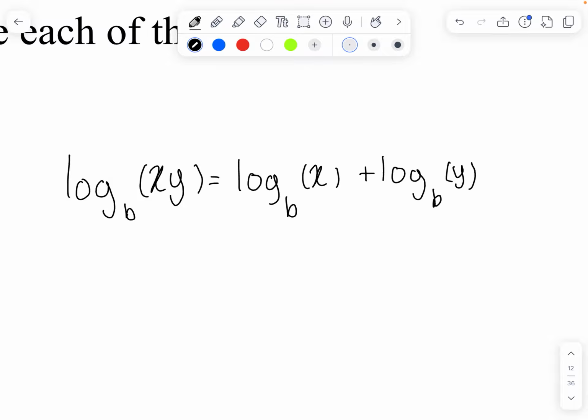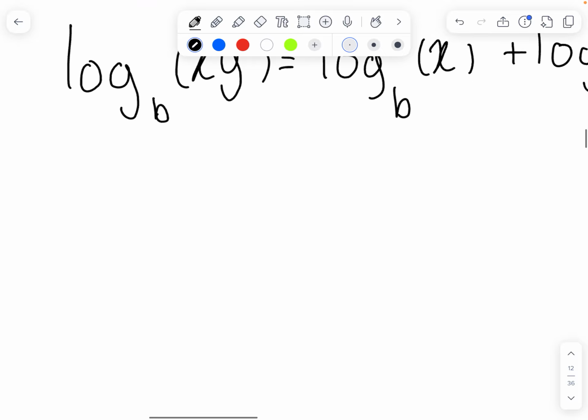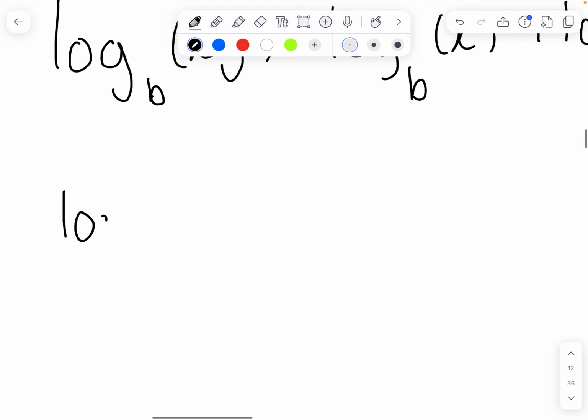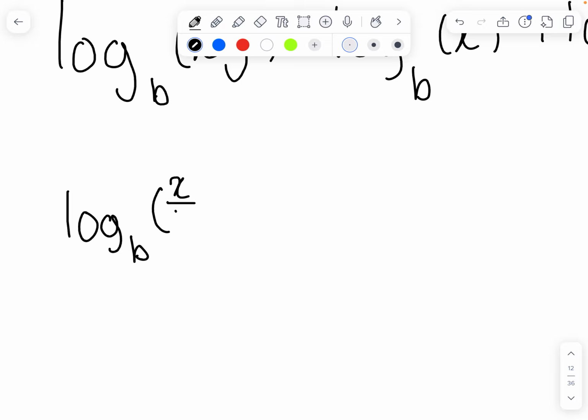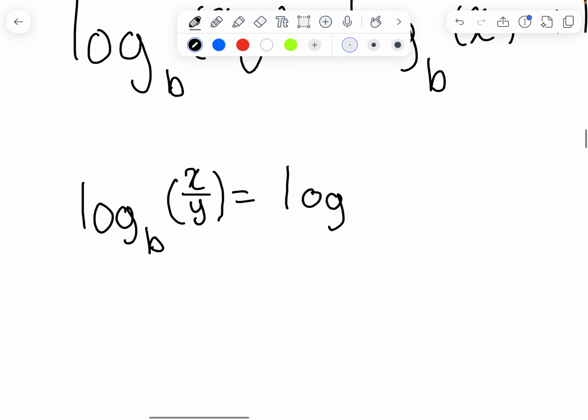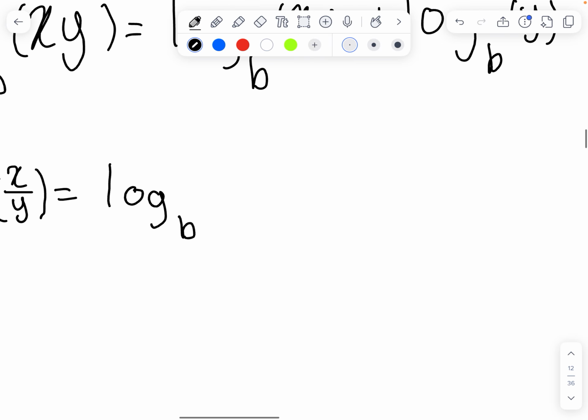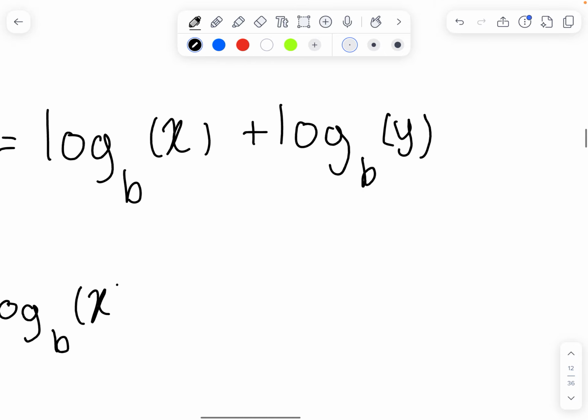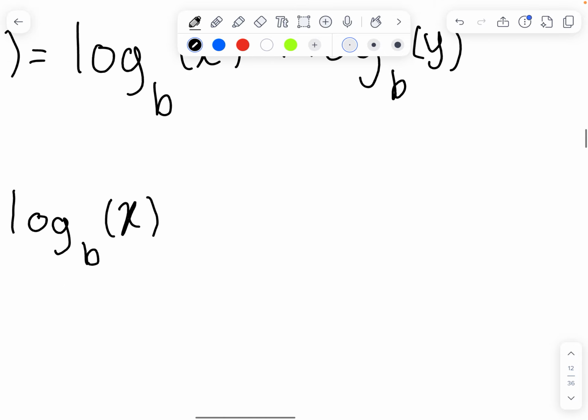Now we can start learning about the quotient rule. The quotient rule is log base b of x over y equals log base b of x minus log base b of y.